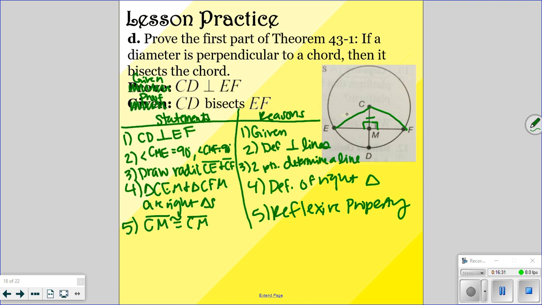And EC and FC are congruent, and that's because they are both the radius of the circle. All of the radii of the circle have to be congruent to each other, and that just comes from the definition of radius.